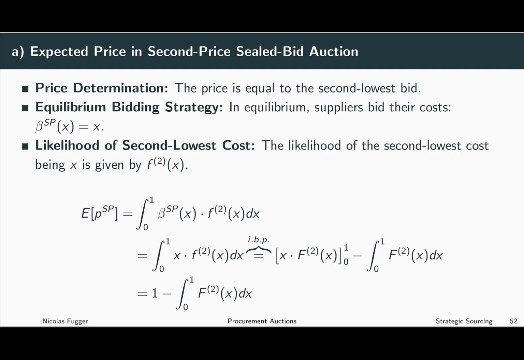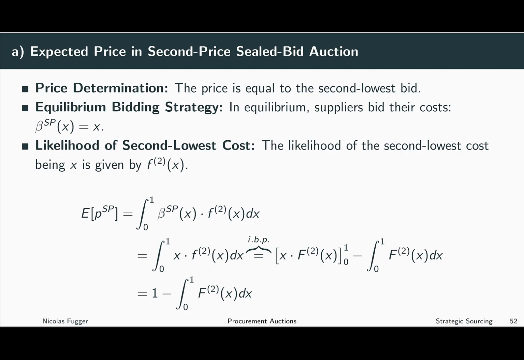Now we want to determine the expected price in a second price auction. The expected price is equal to what the bidder with the second lowest cost bids, namely beta sp of x, times the relative likelihood that the second lowest cost is exactly x.